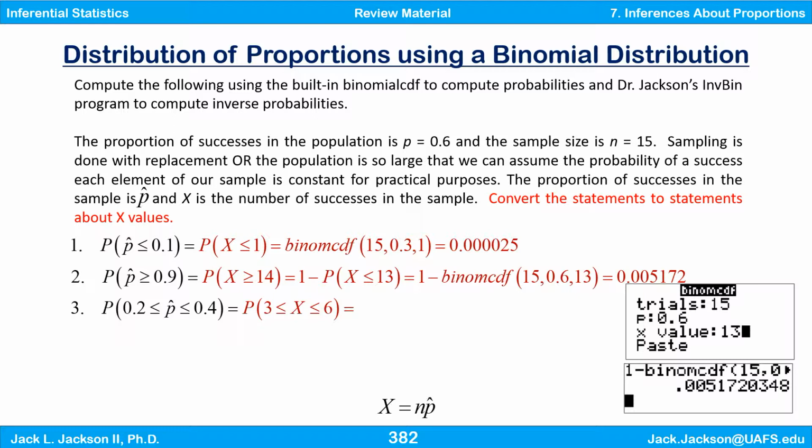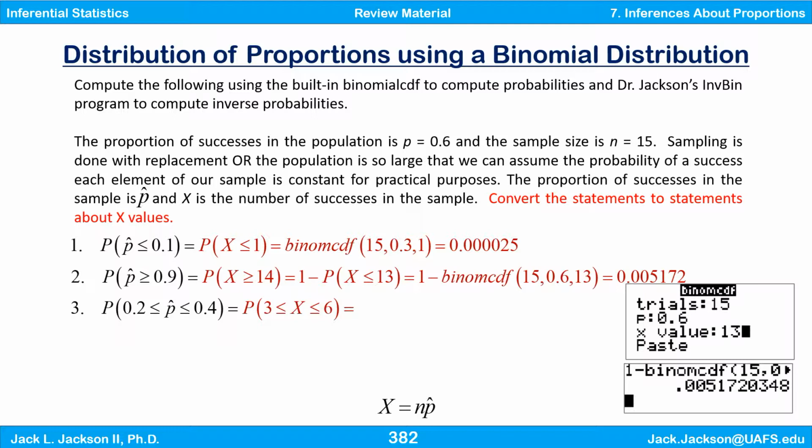Well, in this one, we want the probability that x is greater than or equal to 14. If you have an Inspire, you can just say 14 for the lower, 15 for the upper, and your binomial CDF, and it will work out just fine. But on this TI-84, anytime you have an x greater than something, you need to basically start with the 1 minus.